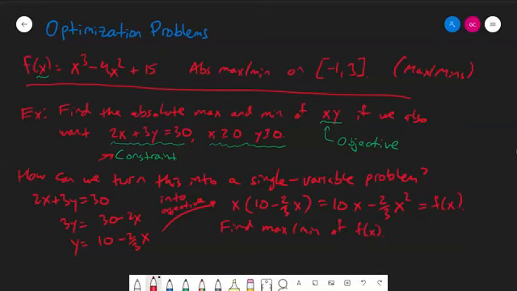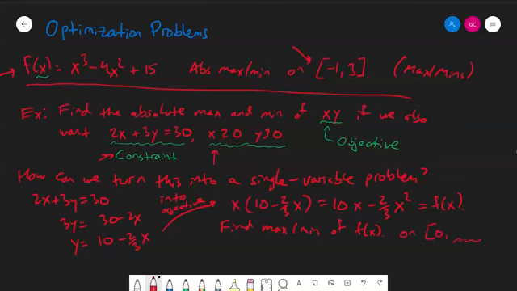So it's starting to look a little bit more like this first problem. Well, the difference is that this first problem, though, had an interval. It had a range of x values to consider. So what do I have here? Well, I said that I want x to be greater than or equal to 0. So that means that the interval that I'm looking at must start with x equals 0.